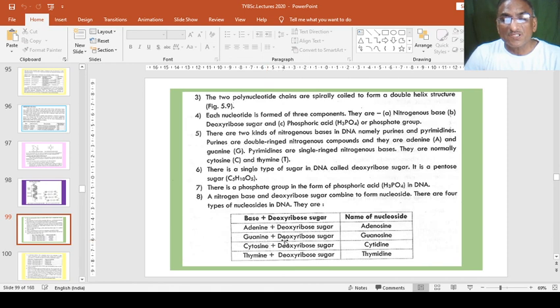Guanine plus deoxyribose sugar forms guanosine. Likewise, cytosine plus deoxyribose sugar is cytidine, and thymine plus deoxyribose sugar forms thymidine. So these are the deoxyribose sugar containing groups, and if we add phosphate groups, they convert into nucleotides. So this is about the basic structure.